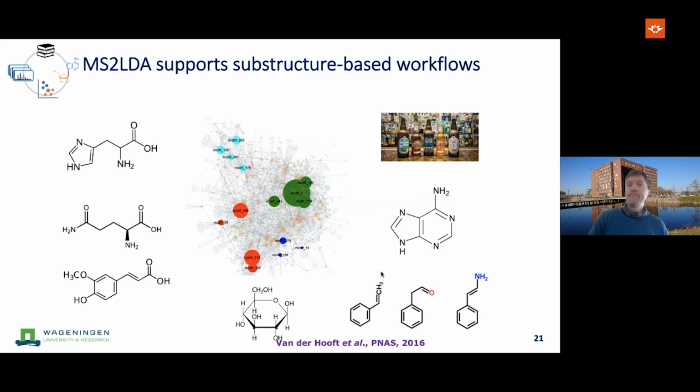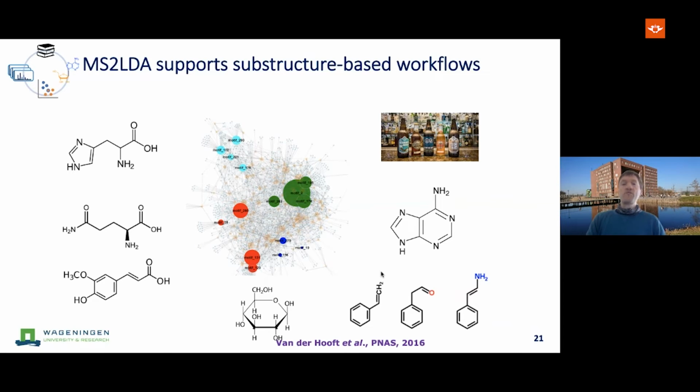Because it is already some time ago, I can tell you that, after some trial and error and optimization, it seemed to be working quite well. MS2LDA substructure discovery was able to find a range of very biochemically relevant substructures in this case in beer extract. It's a bit early here to talk about beer, but maybe a good appetizer for the evening.